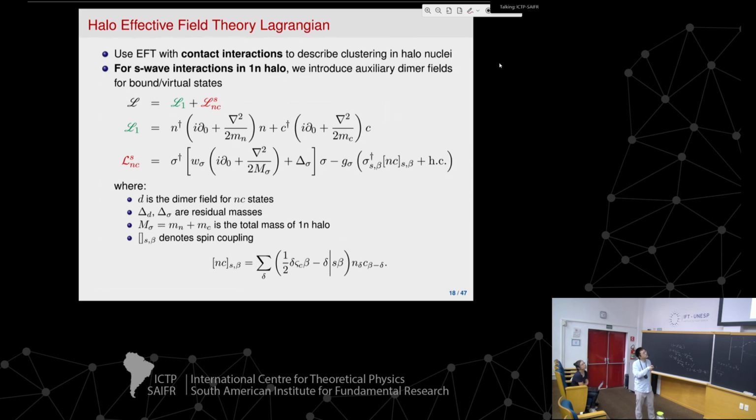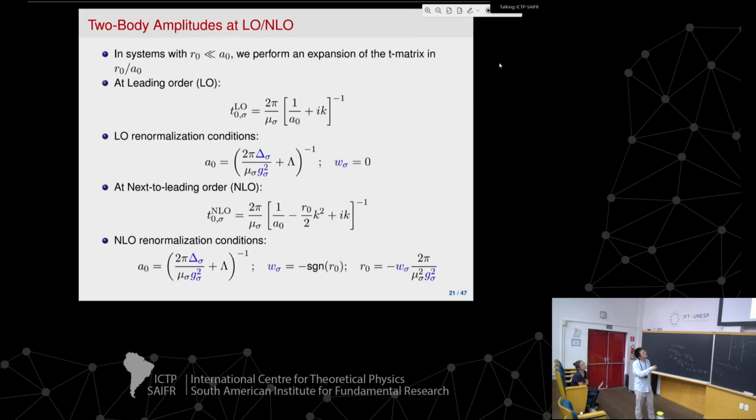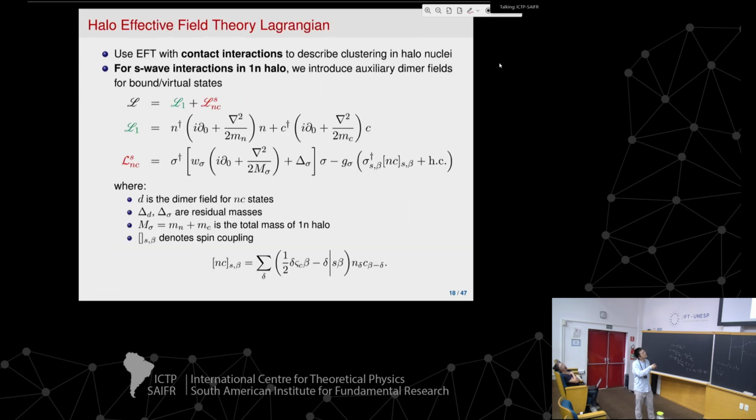This only comes in at next to leading order. I showed in the slides here, at leading order, this thing is 0. It's only related to the effective range, and this W in front of this connected part can be either plus or minus, depending on the sign of the effective range.